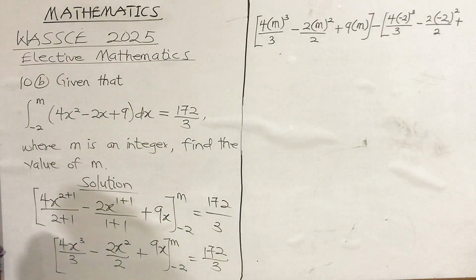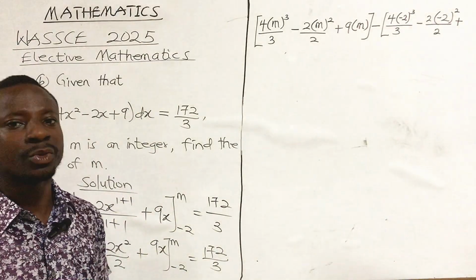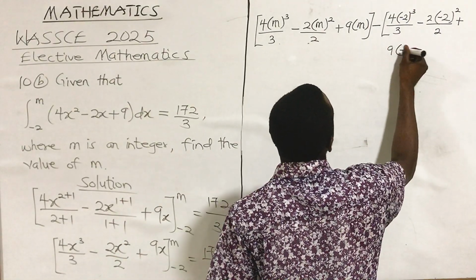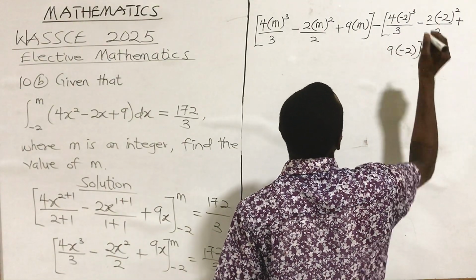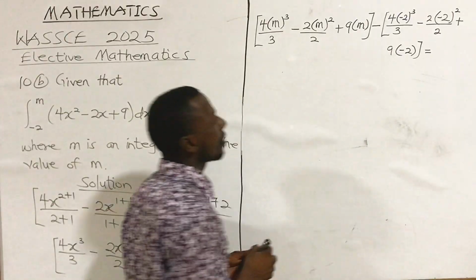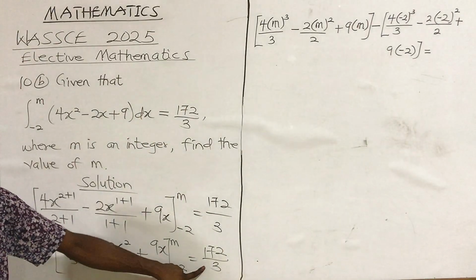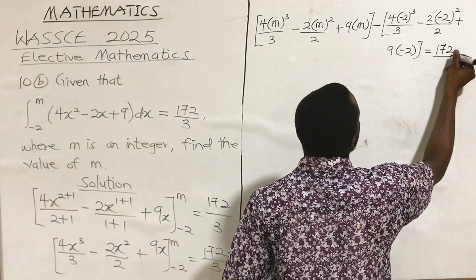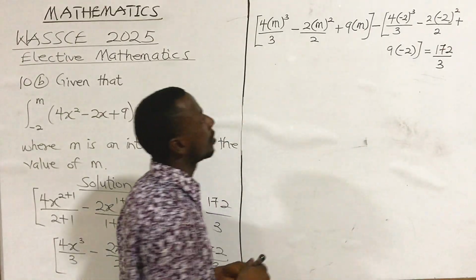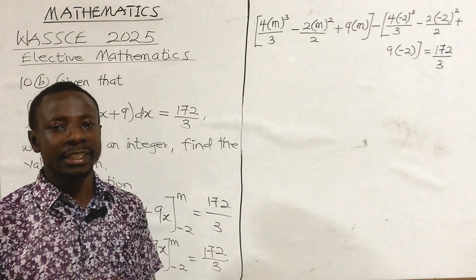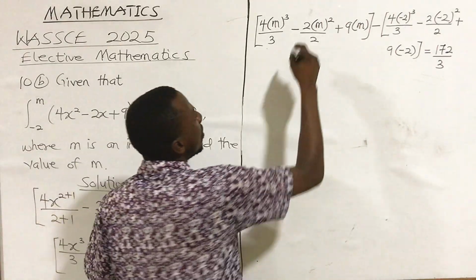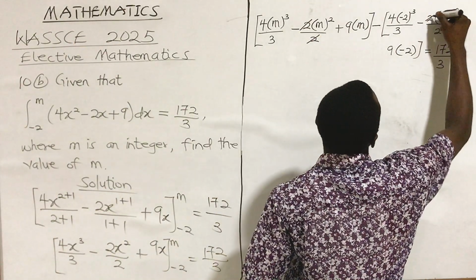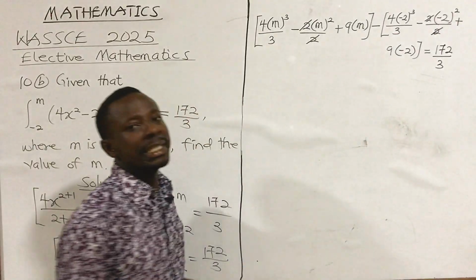So we are still going to substitute the negative 2 in it. Now plus 9 multiplying negative 2, and everything is equal to 172 all over 3. So now we are going to take it step by step. Before that, 2 here will cancel this 2 again. This 2 will also take off this 2.